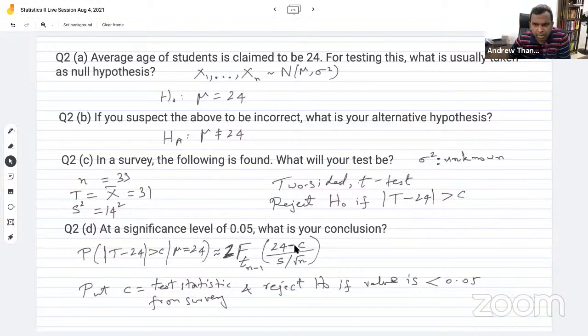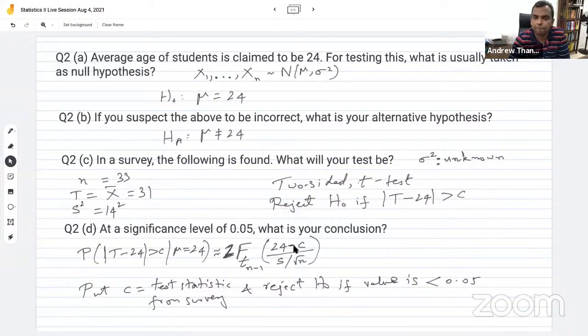Did I make any mistakes here? I don't know. It should not be 24. Is it just minus C or? Let me see.